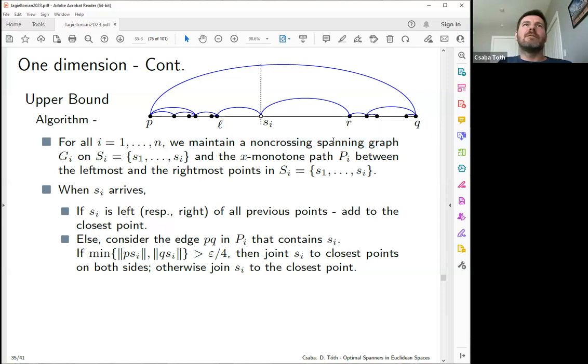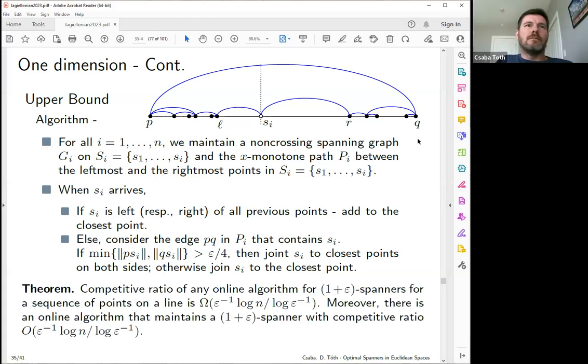This laminar structure helps the analysis, as we know that if this long edge was present, then none of the other edges cross, and there must exist a new path from P to Q. Yes, that's nice.